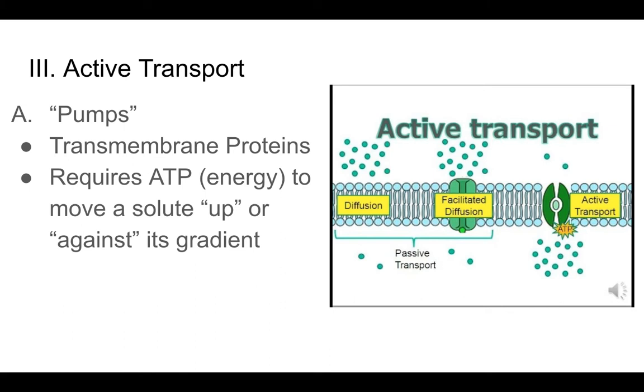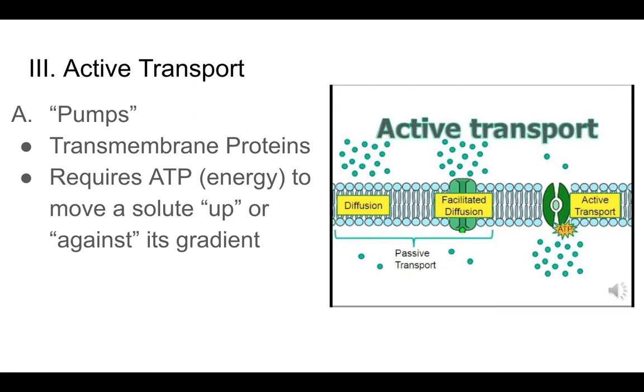These pumps require ATP, right? That is cellular energy, to move a solute up its gradient or against its gradient. I've seen both terminologies, and so I want you to be able to recognize both as active transport. Up the gradient would be from an area of low concentration to high concentration, moving up.